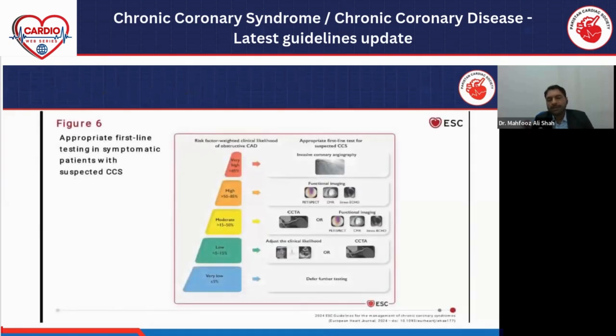So this is like a mirror image of the previous slide. We always have to approach the patient according to his pretest probability. If patients are categorized as very low risk, we just defer and advise lifestyle modification.